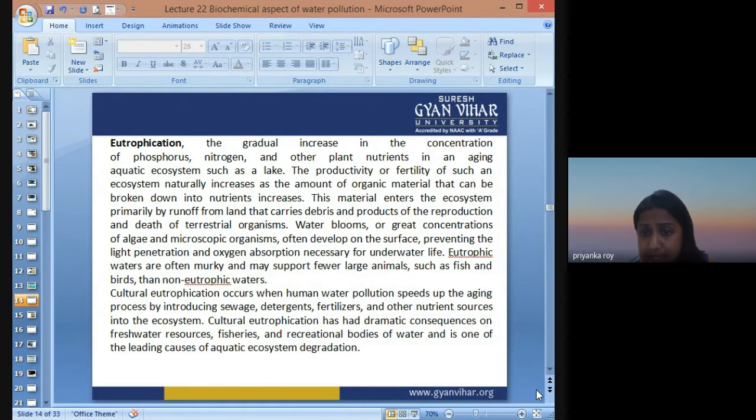So this material enters the ecosystem primarily by runoff from the land that carries debris and products of reproduction and death of terrestrial organisms. So a water bloom, a great concentration of algae and microscopic organisms, often develops on the surface, preventing light from penetrating and oxygen from being absorbed, which is necessary for underwater life forms.